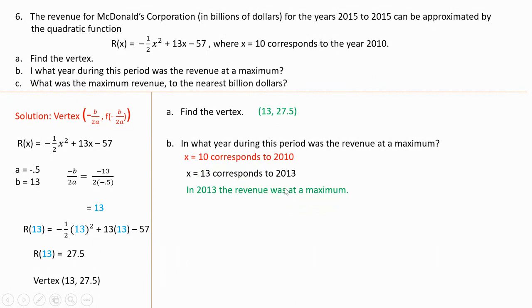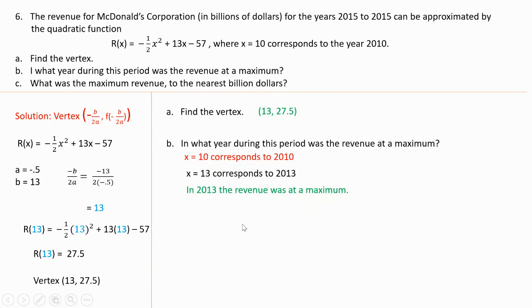Now, the maximum value or the minimum value of any function depends on the quadratic function: if a is negative, it goes down, and if it's positive, it goes up. But this is how you find the maximum or the minimum revenue.